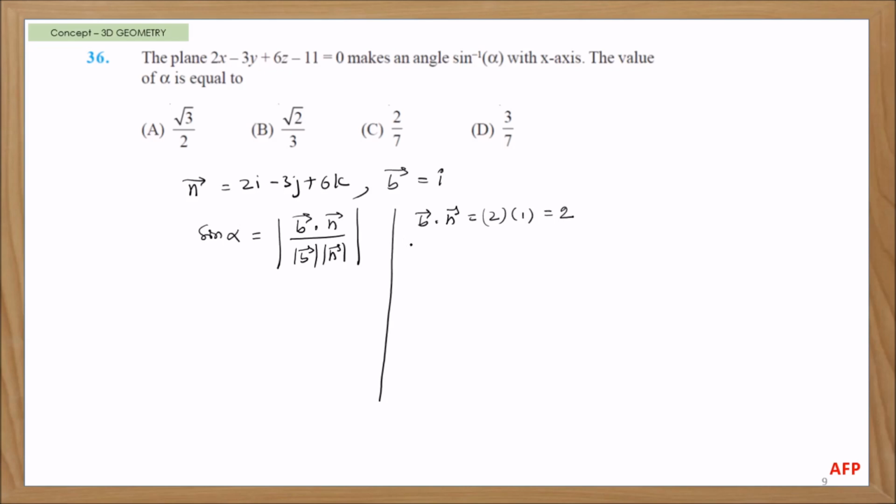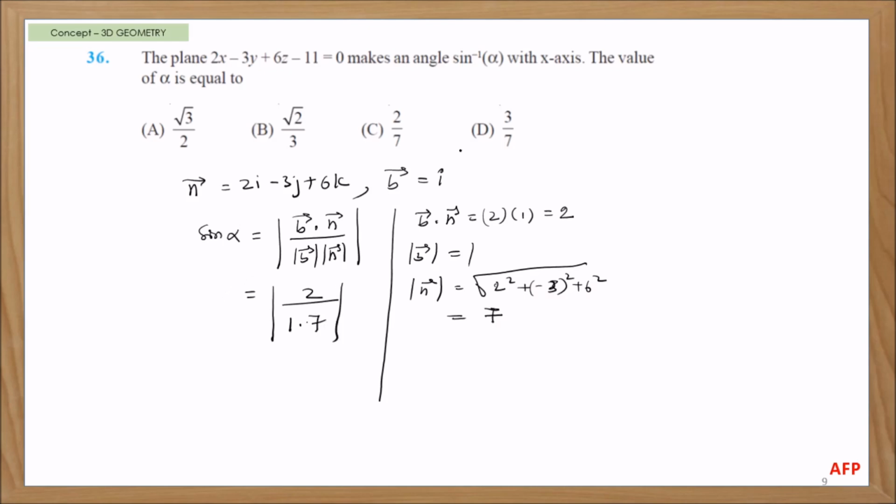Next, the magnitude of b is 1. The magnitude of n is the square root of 2 squared plus (minus 3) squared plus 6 squared. So 36 plus 9 is 45, 45 plus 4 is 49, 7 is the answer. So we will write it here: the modulus of the dot product is 2, the magnitude is 1 times 7.